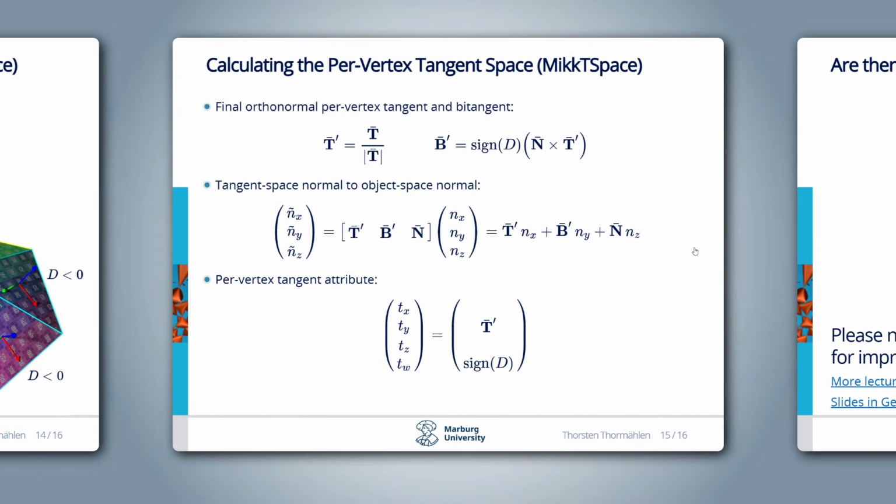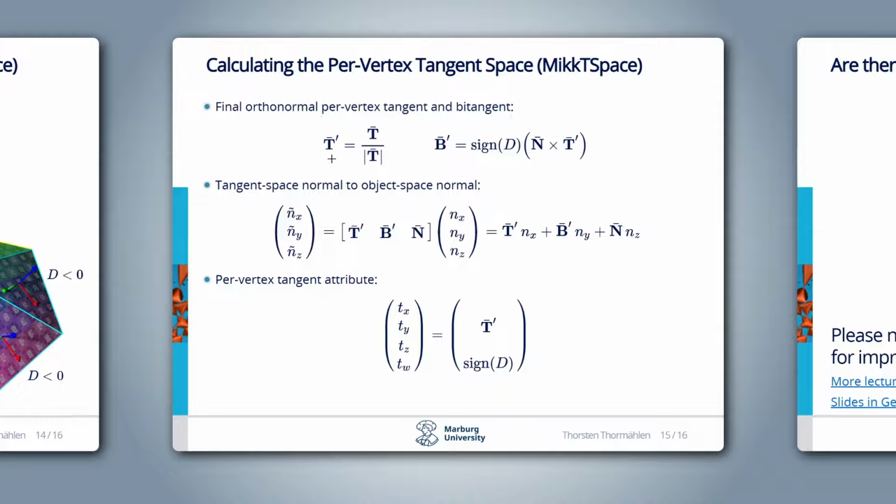We computed the per-vertex tangent and bitangent in such a way that it is ensured that they are both orthogonal to the per-vertex normal. However, the tangent is not necessarily orthogonal to the bitangent because this was never enforced in the algorithm. To generate an orthonormal tangent frame for normal maps, the MikkTSpace approach simply drops the computed bitangent and recomputes it from the tangent and the normal.